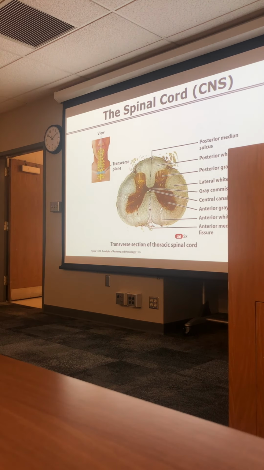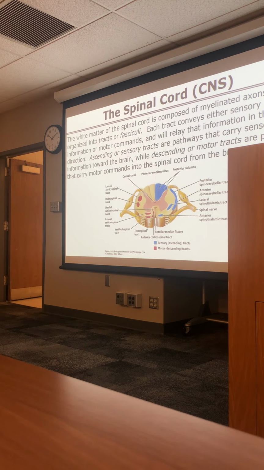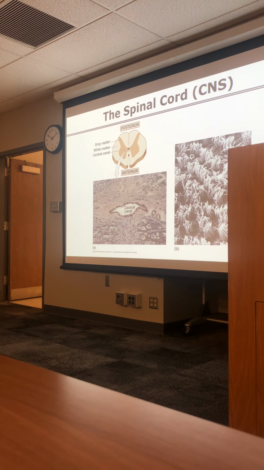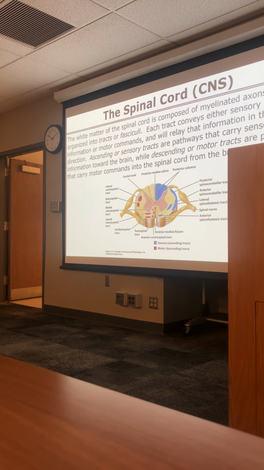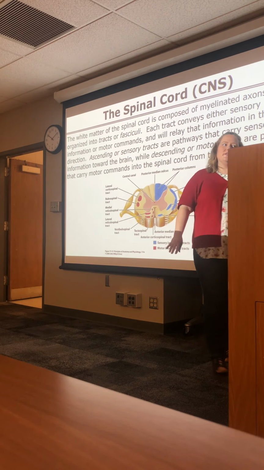And so we know functionally what those neurons in those areas are doing. Central canal of the spinal cord lined with the ependymal cells with the cilia. Remember, the central canal of the spinal cord is connected to the fourth ventricle, and that's the way out into the subarachnoid space. What Leslie's going to talk to you guys about this afternoon is what's happening with all of that white matter, organized into tracts or fasciculi.